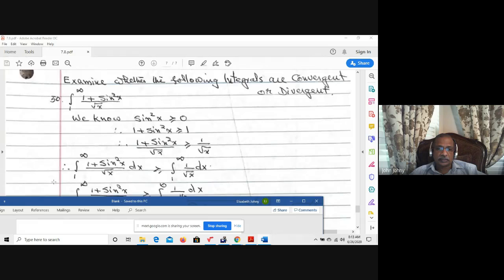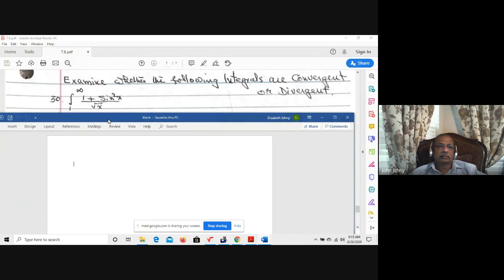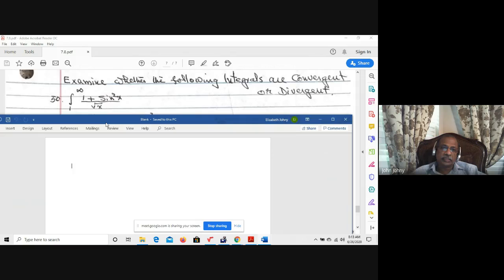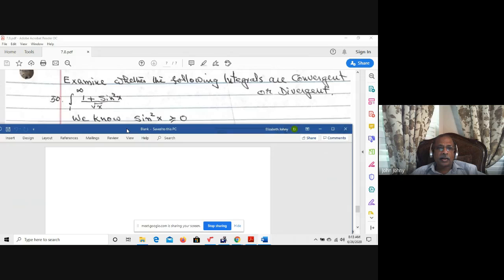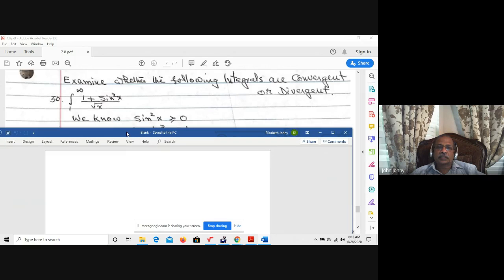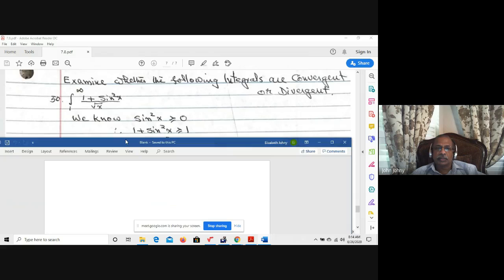Next, just check whether these are convergent or divergent: the integral from 1 to infinity of (1 plus sine squared x) over square root of x. We know sine squared x is greater than or equal to 0. We are going to apply the comparison test. So sin x is between negative 1 and 1, which means sine squared x is greater than or equal to 0.